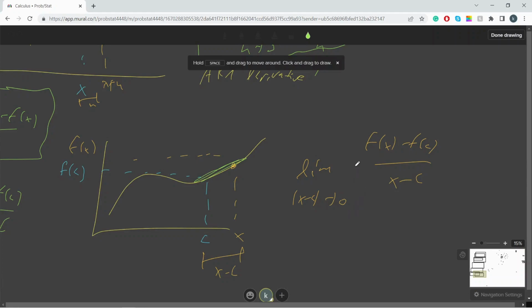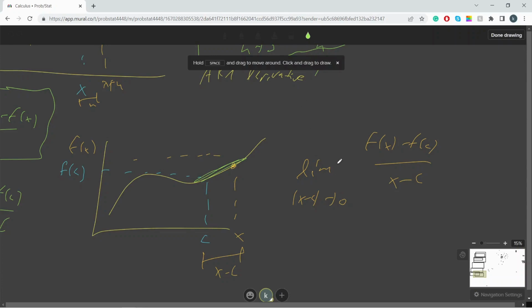But what's another way we can state this limit? Well, when x minus c is approaching 0, we can simply say that x is approaching c, because when we move this orange point closer and closer to c, we know that x is approaching c.